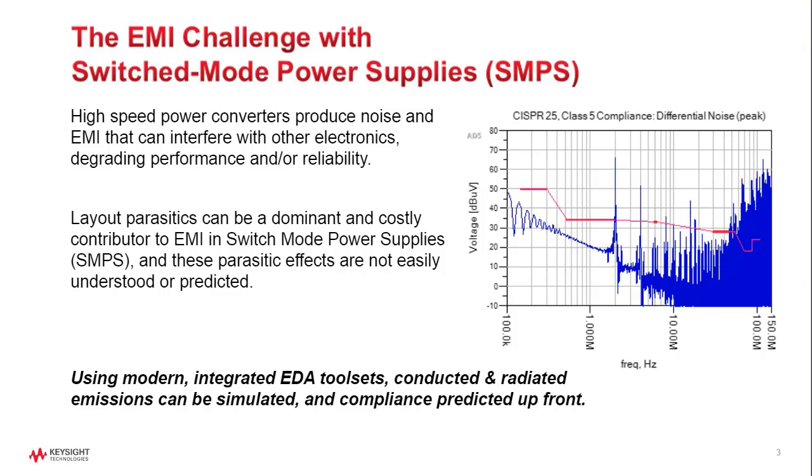So it should be on slide 3 here. With regards to switch mode power supplies, the electromagnetic interference challenge is that these are inherently noisy. They have a switching frequency, a fundamental frequency.